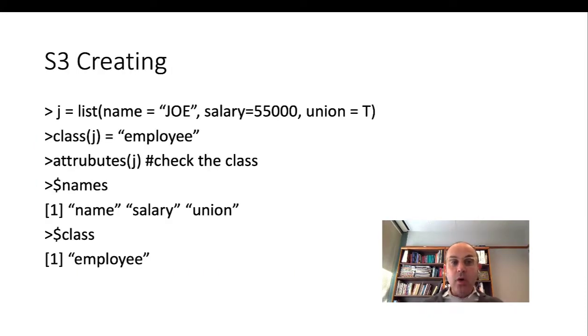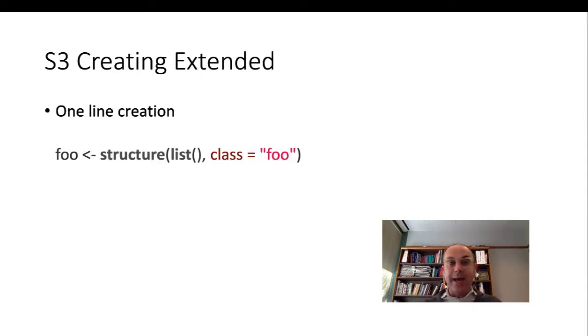I'm going to give you an example from the textbook and how we apply that. So he will call J, and he will say list, and he will say name, salary, and union. And if we say I want to classify this data based on class, he will give me the attributes, and he will show me what it entails.